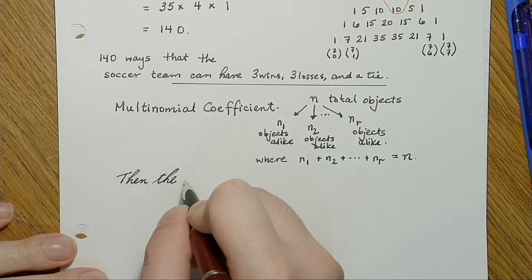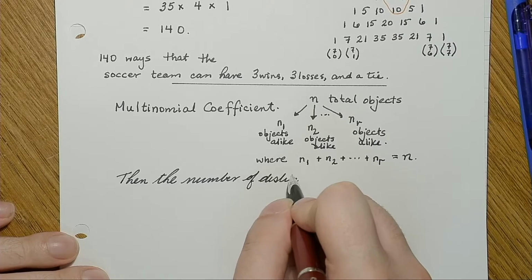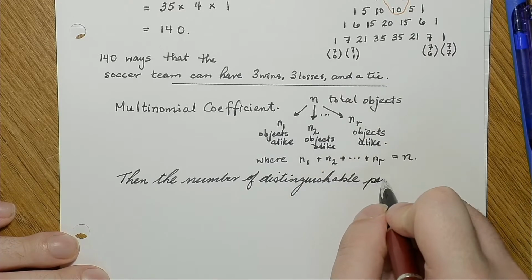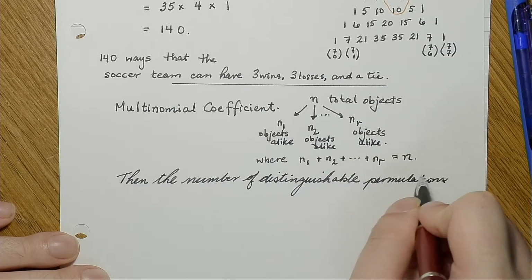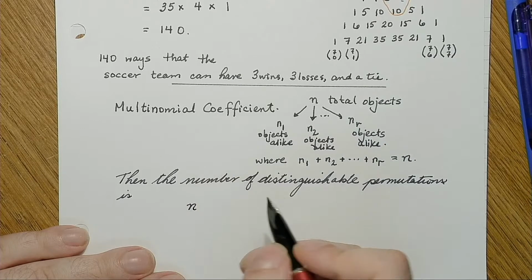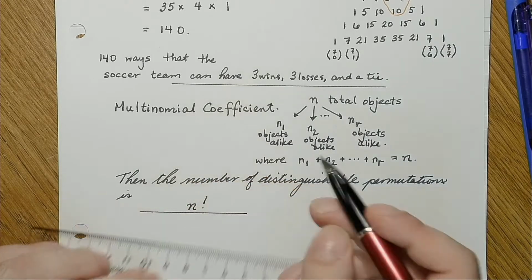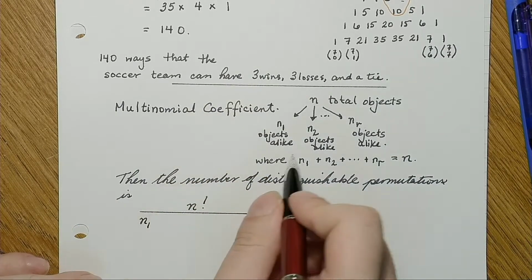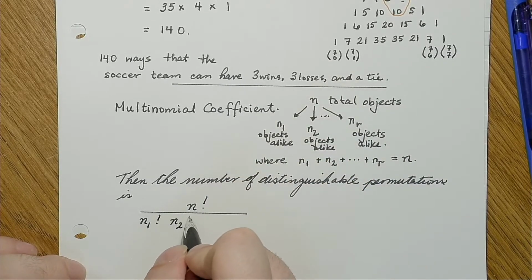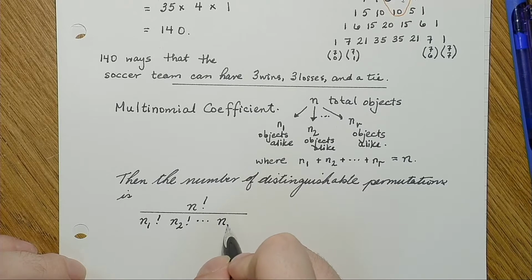Then the number of distinguishable permutations is, so we start out with n factorial divided by n1 factorial, which is the number of objects alike, times n2 factorial, dot, dot, dot, so that's multiplication still, nr factorial.